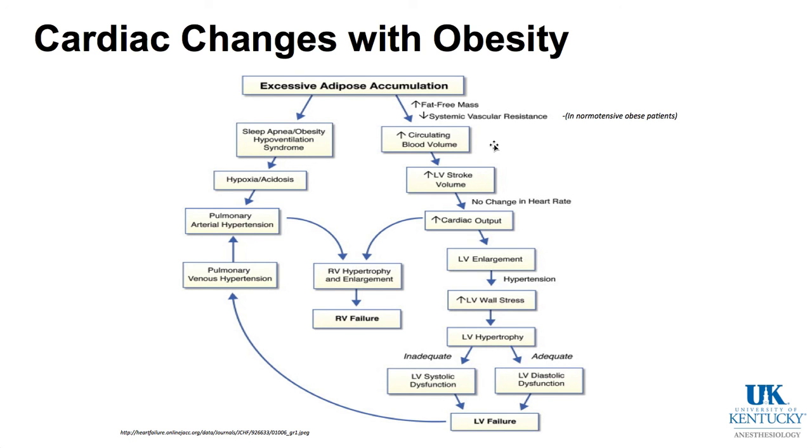So biventricular failure can occur secondary to obesity. These are some of the cardiac changes. Please note that initially, at least, systemic vascular resistance in many studies has been shown to decrease, that is in normotensive obese patients, and there's little change in heart rate, but there is an increase in cardiac output.